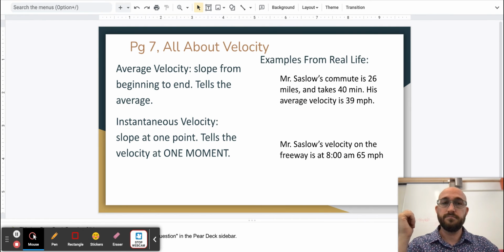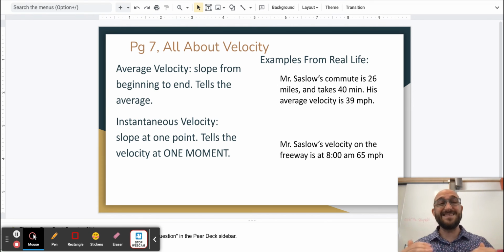Moving on. All right, now some examples from real life. In class, we will have reflected as a group already. Here are mine. My commute is 26 miles, takes 40 minutes. So my average velocity would be 39 miles per hour. Okay. But in reality, at 8 o'clock, if I look at my speedometer, it says 65 miles per hour.